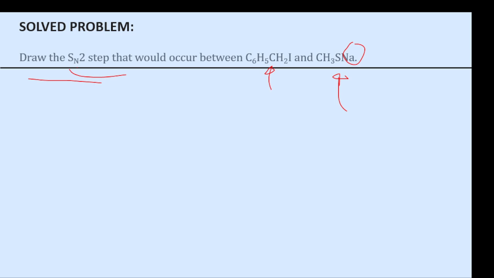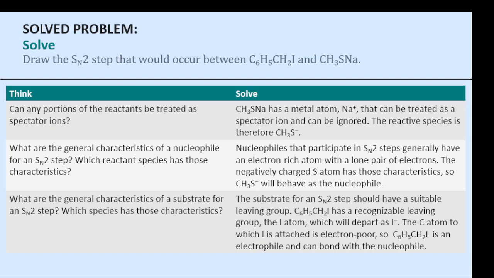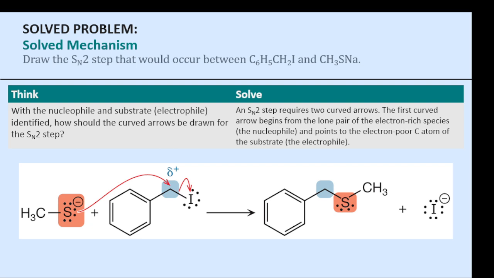The first thing we need to establish in an SN2 mechanism is the name. We're going to be substituting. It's going to have a nucleophile. That nucleophile is going to attack, and a leaving group is going to leave. That's where the 2 comes from. So we're going to have our nucleophile.